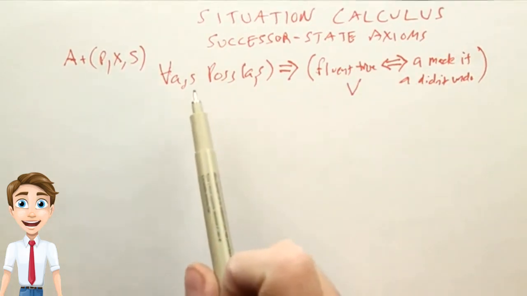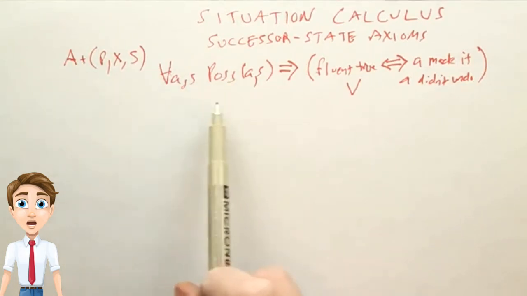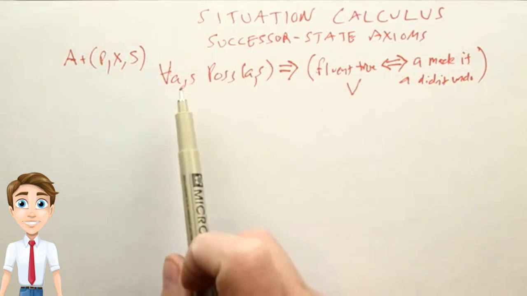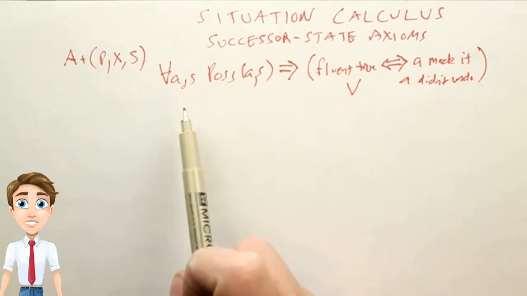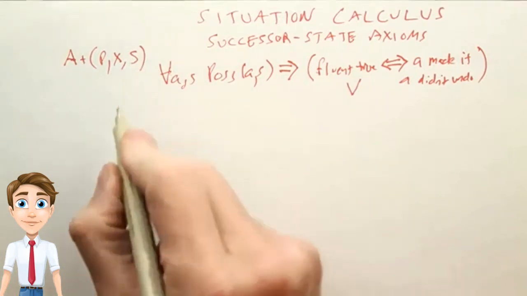For example, I'll show you the successor state axiom for the in predicate. And just to make it a little bit simpler, I'll leave out all the for all quantifiers. So wherever you see a variable without a quantifier, assume that there's a for all.